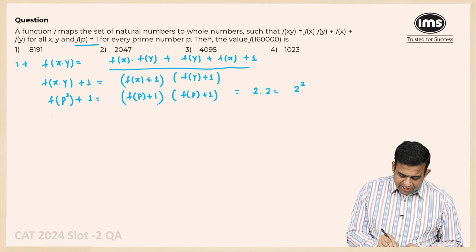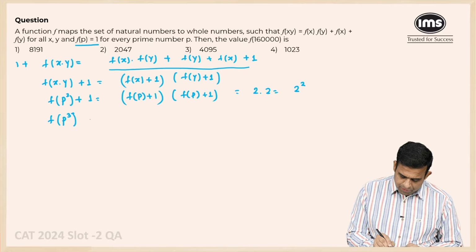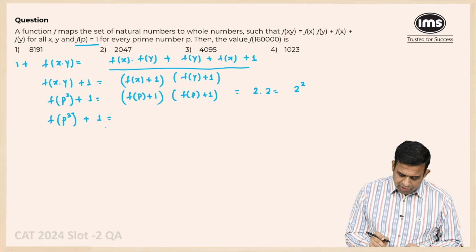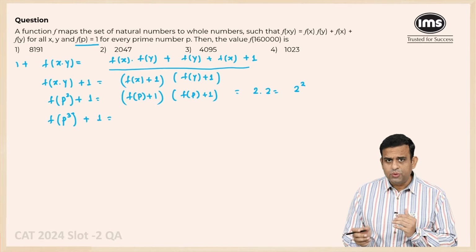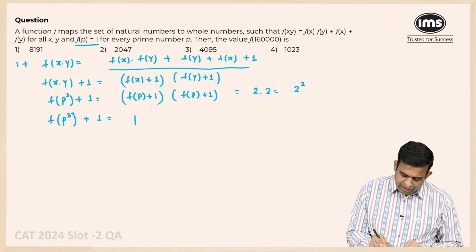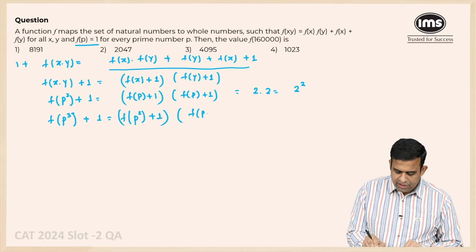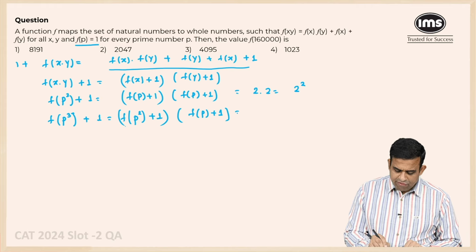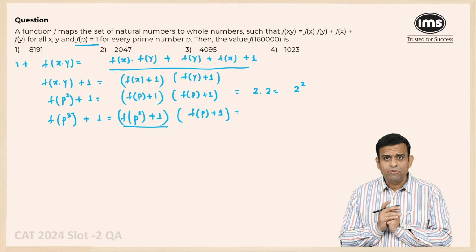Now, same way, if I wanted f of p cube plus 1, I can first of all write down the term f of p cube as p square into p, so this is going to be written as f of p square plus 1 times f of p plus 1. And we know that this f of p square plus 1 term happens to be nothing but f of p plus 1 times f of p plus 1.